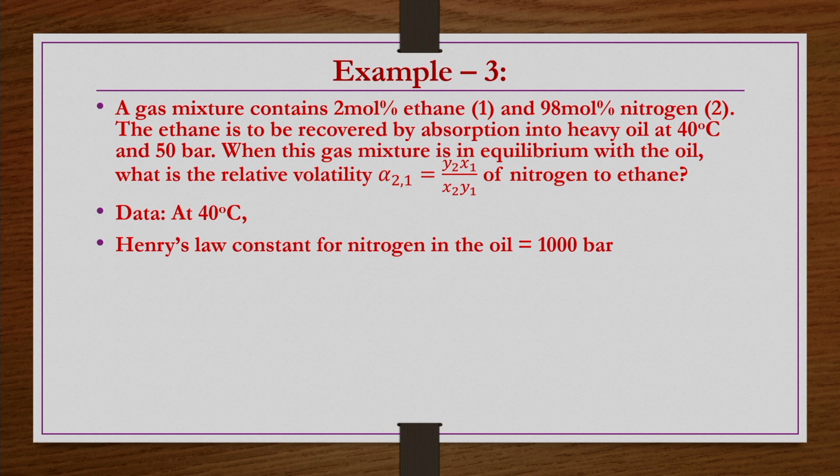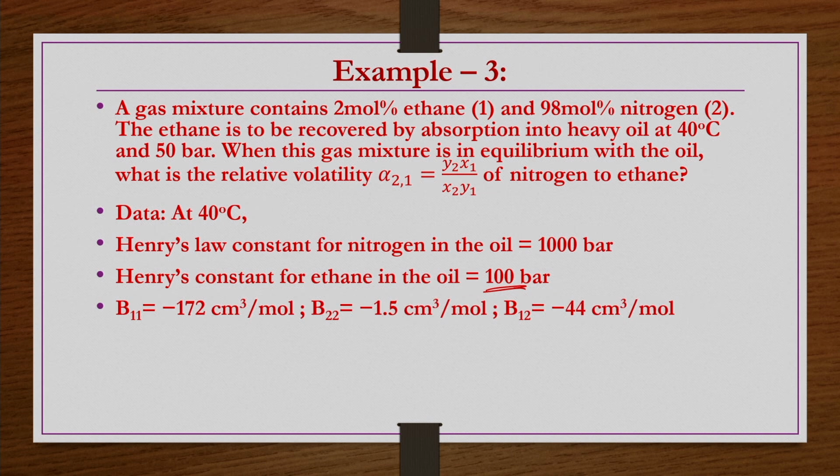So, the solubility of nitrogen in oil is described by Henry's law, and the Henry's law constant for nitrogen in the oil is 1000 bar. So, it is very difficult to dissolve. The Henry's constant for ethane in the oil is only 100 bar. That means ethane can be dissolved relatively easily in oil compared to nitrogen, because the Henry's constant is just 100 bar.